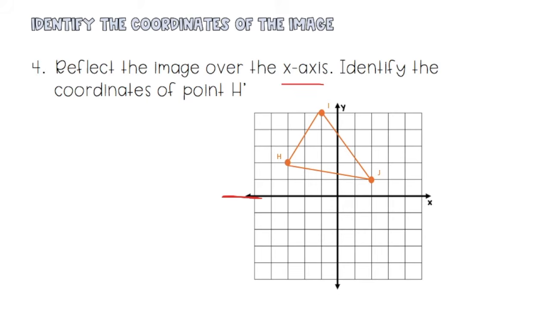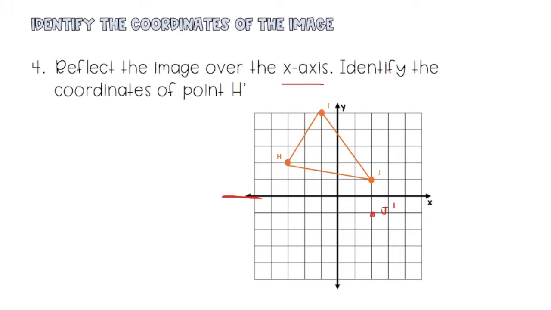So I'm going to take each of my points. Let's start with point J, and I'm going to write it on the other side of my line. So if point J is located at (+2, +1), it is now going to be located at (+2, -1).